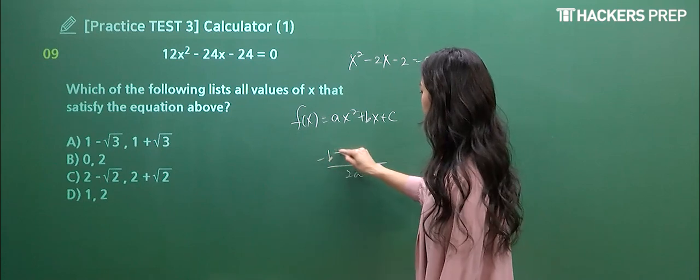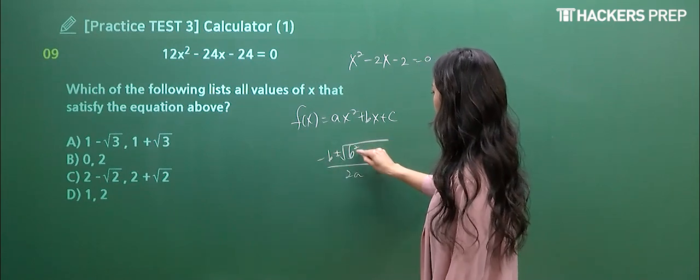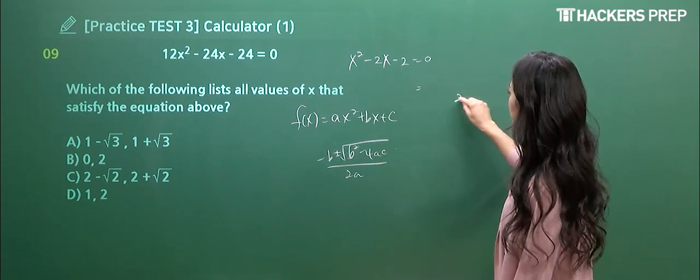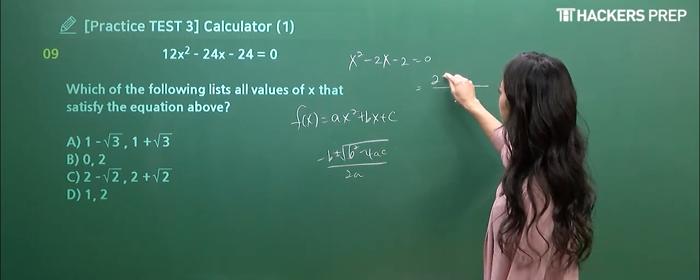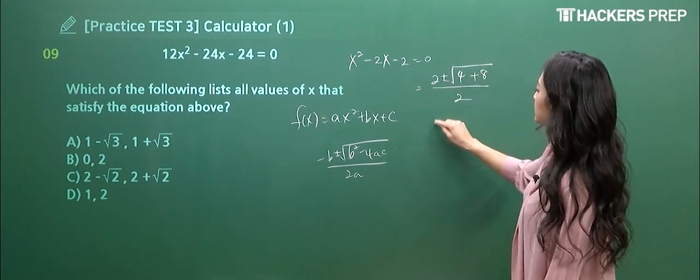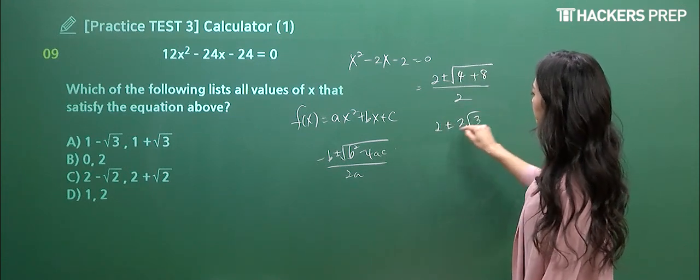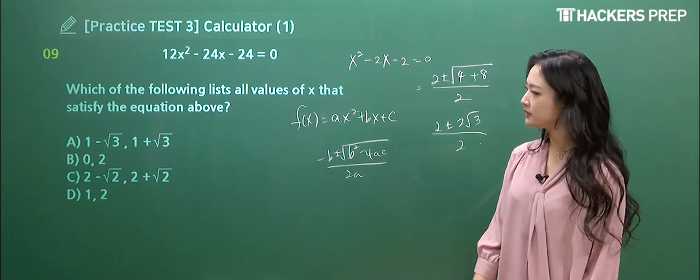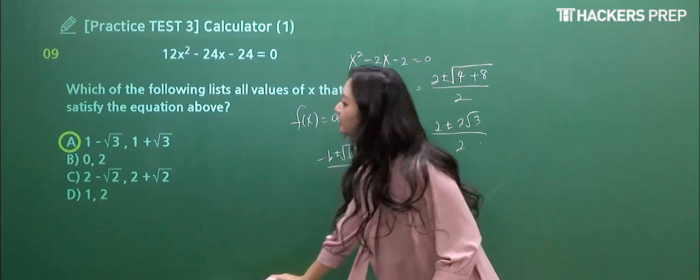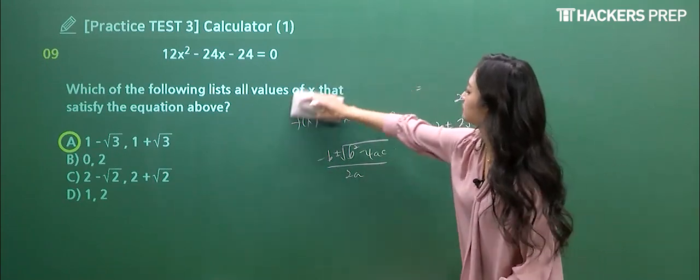Like this, right? So let's plug in some of the values. Negative b plus or minus the square root of b squared minus 4ac, over 2a. So it's 2 plus or minus square root of 12, over 2. So I think we do have a match. 1 plus or minus square root of 3, and A is your match. Okay?